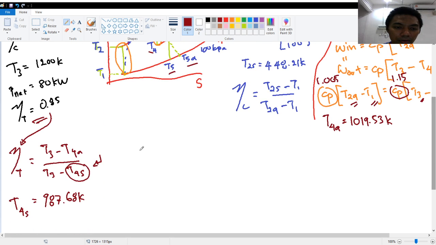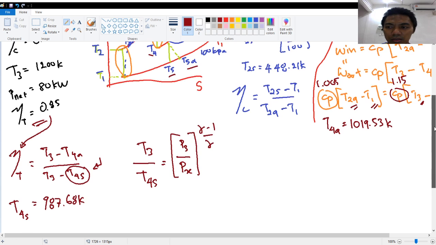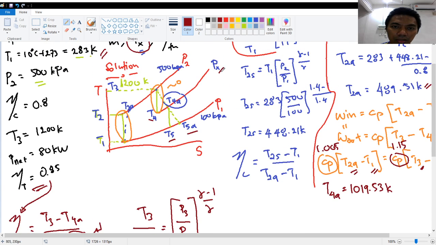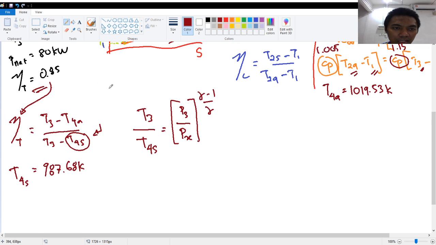The pressure temperature relation for this one: T3 over T4S equals P3 divided by Px, or P4, to the power of lambda minus 1 over lambda. There, this Px. So you can rearrange this equation to get your Px.